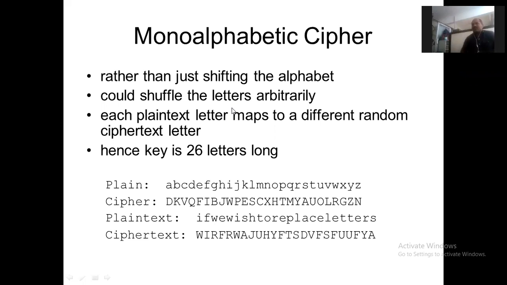And each plain text letter maps to a different random ciphertext letter. That is how the monoalphabetic cipher is going to perform. So each plain text letter maps to a different random ciphertext letter. We'll see how it is going to perform. Hence the key is 26 letters long here.